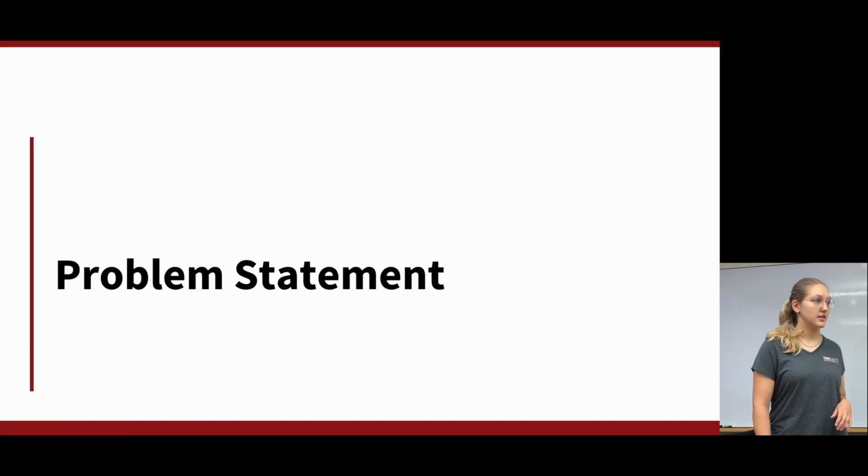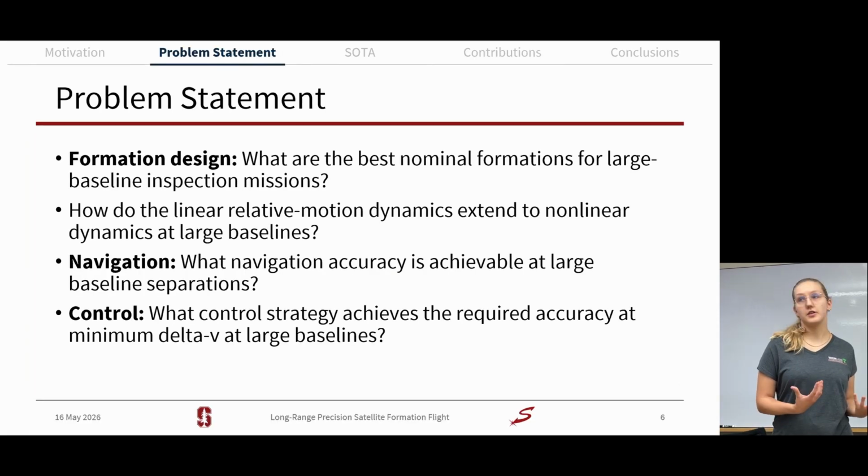This motivates a variety of problem statements because this is an end-to-end problem, starting with the formation design. And here I asked myself, what are the best formation designs for these large baseline inspection missions? And also, if we design those using our linear mapping between relative orbital elements and RTN, how does this extend to these large baselines when we actually run it with the nonlinear dynamics?